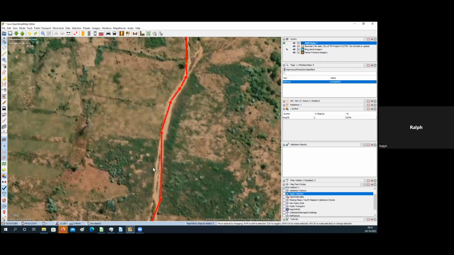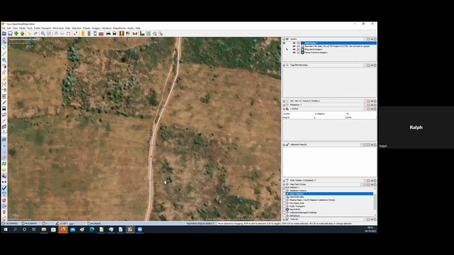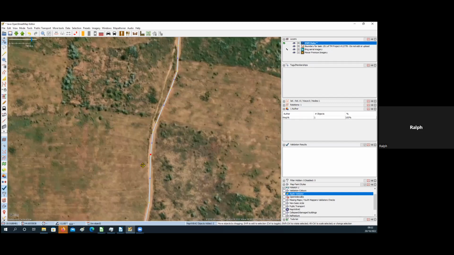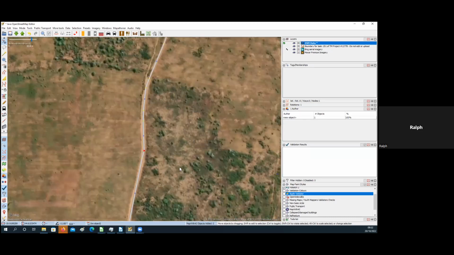So look at where the bends are and take nodes around the bend, and then use straight sections around the corners, right? That gives a much smoother curve and a better line of road. Okay, so that's what the road should look like, as opposed to this sort of thing here.